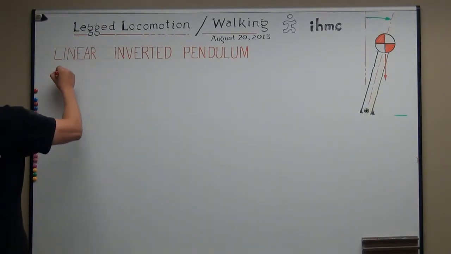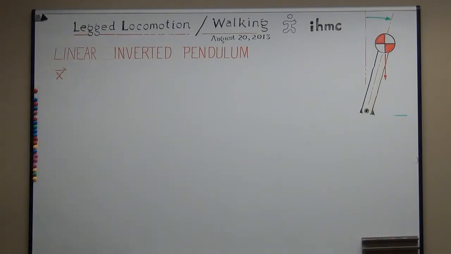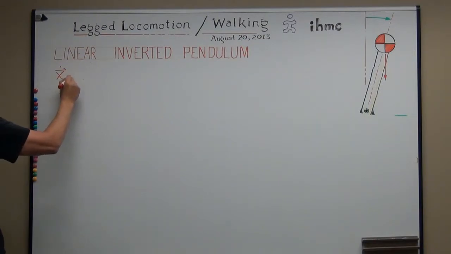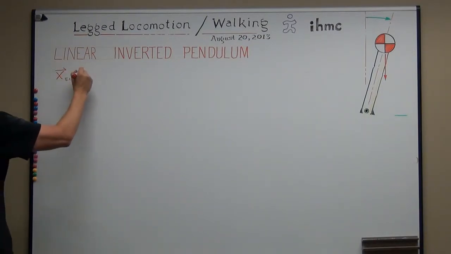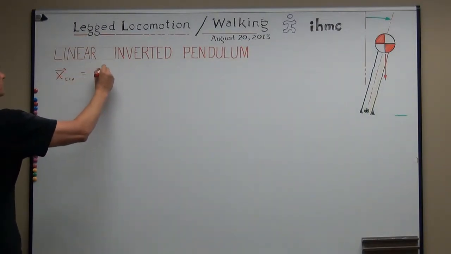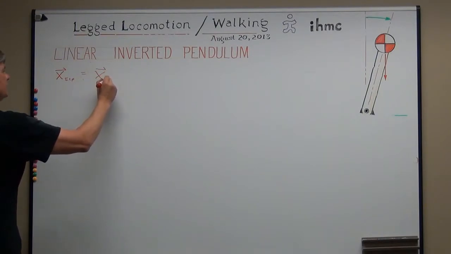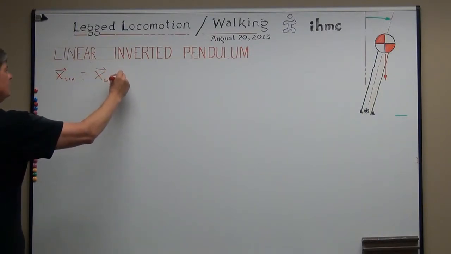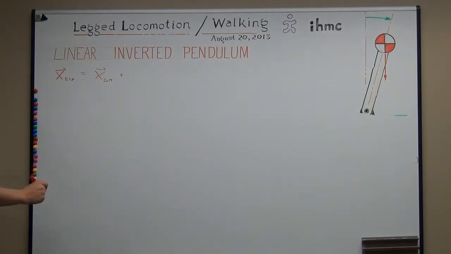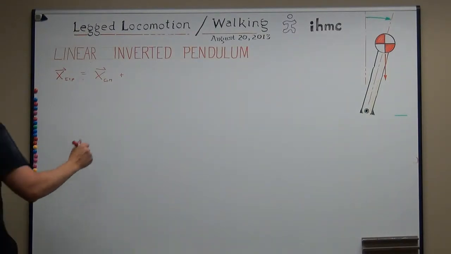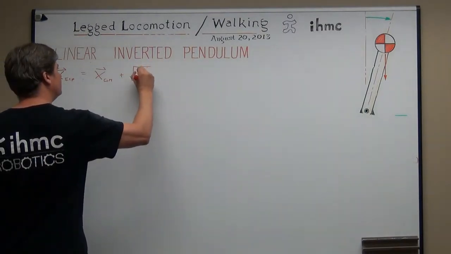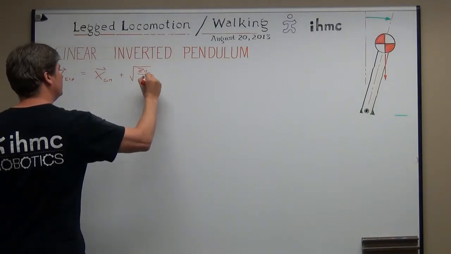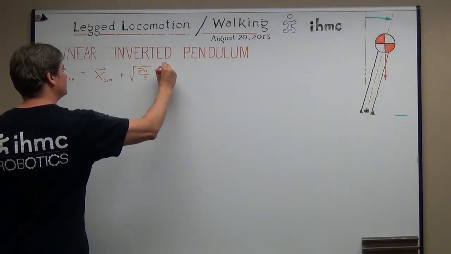So let's write this vector as a two-dimensional vector. It has x and y of the ICP. Well, first its definition is just going to be the location of the center of mass, plus square root of z naught over g times x dot.